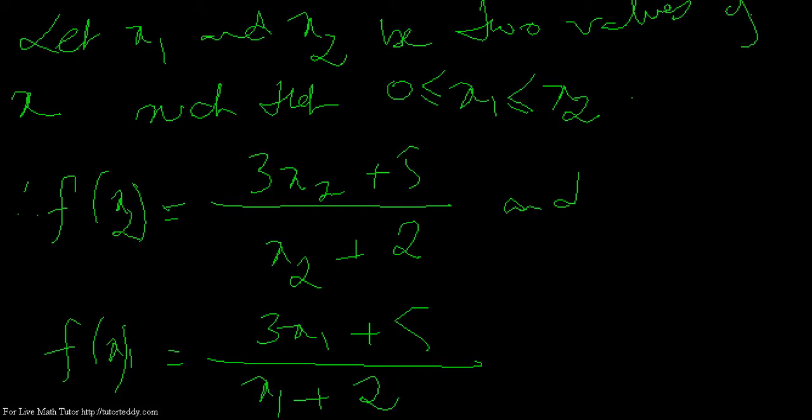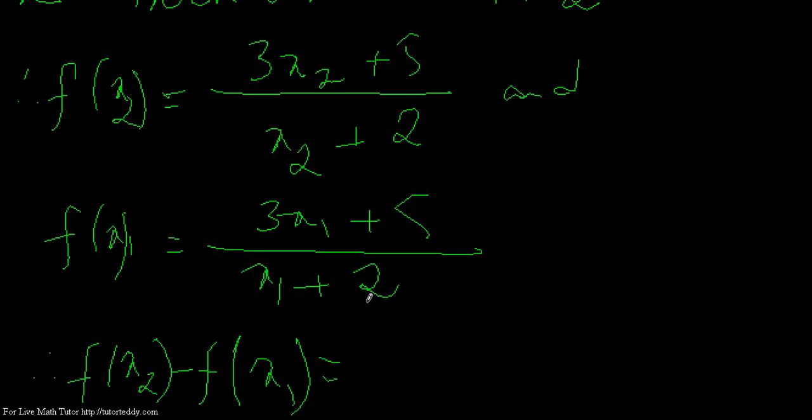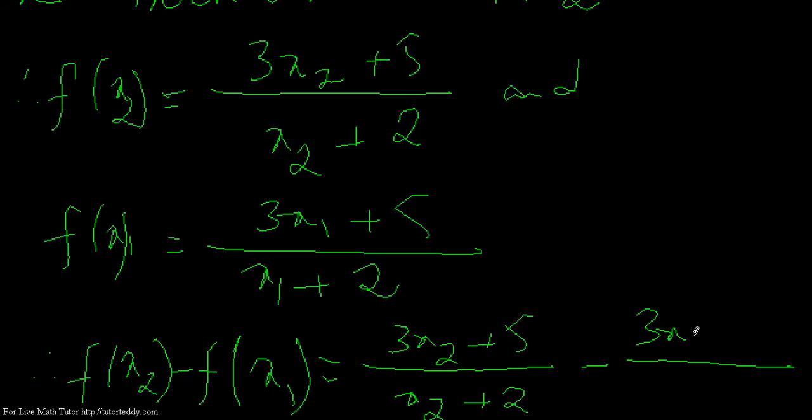Therefore if we subtract these two values, that means f(x2) minus f(x1) is (3x2 + 5) over (x2 + 2) minus (3x1 + 5) over (x1 + 2).